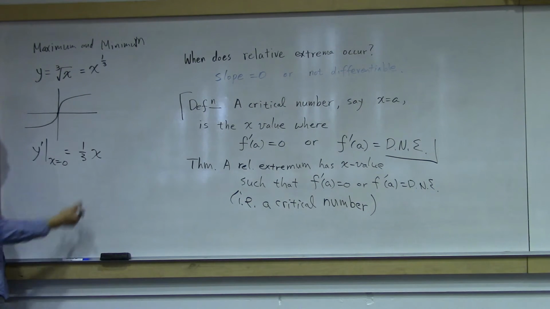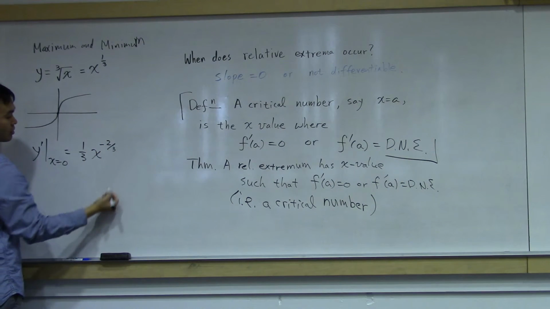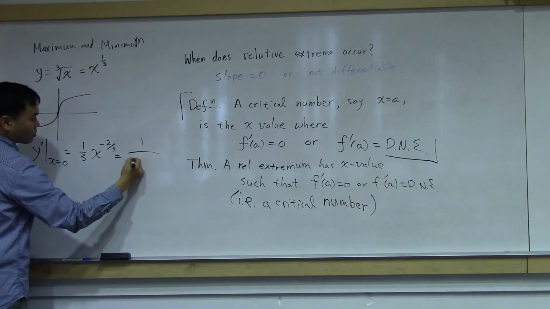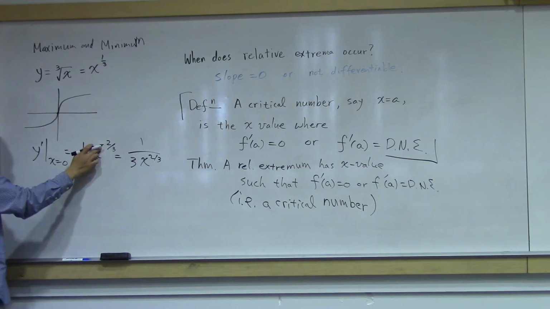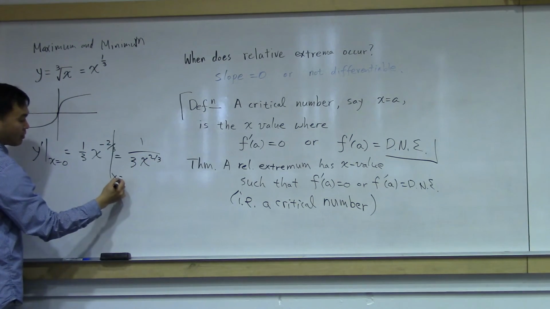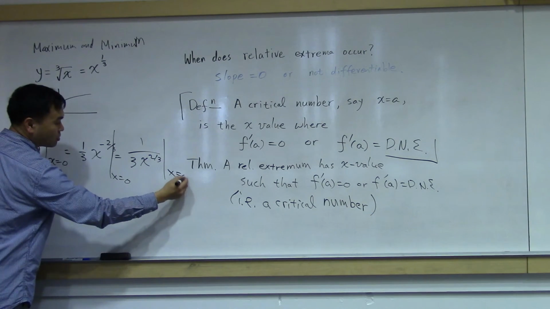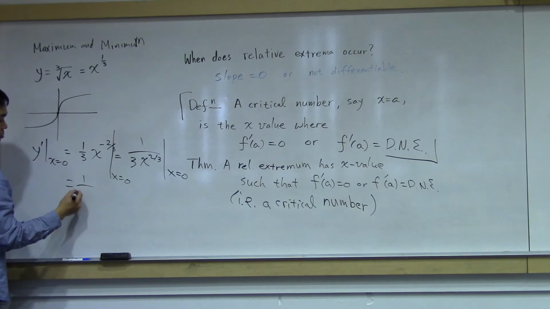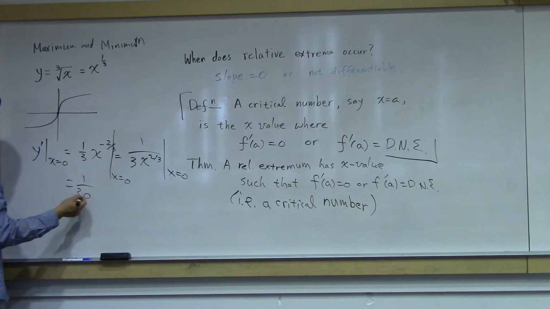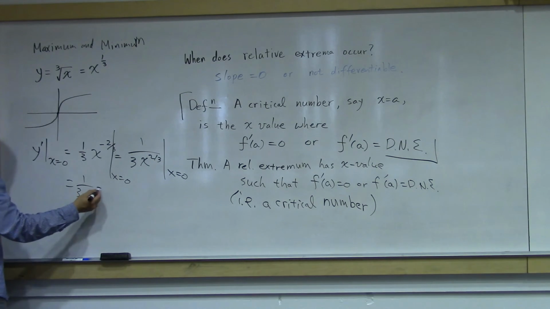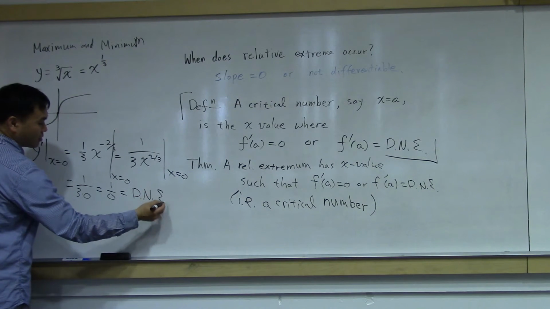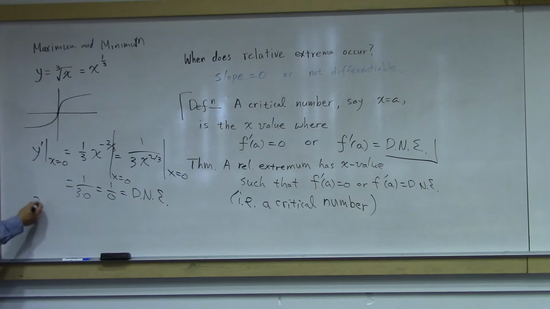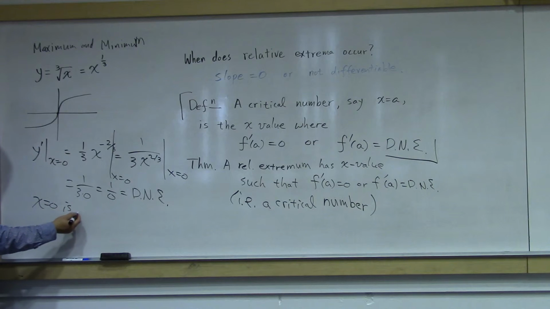Subtract 1 off 1/3, that's negative 2/3, which is the same as 1 over 3 times x to the 2/3 power because of the negative exponent. And when you evaluate this at x equal to 0, you get 1 over 3 times 0 to something. So this is 1 over 0, which is undefined, right? This does not exist. So this says that x equal to 0 is a critical point.